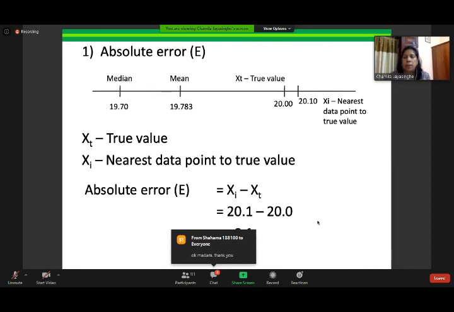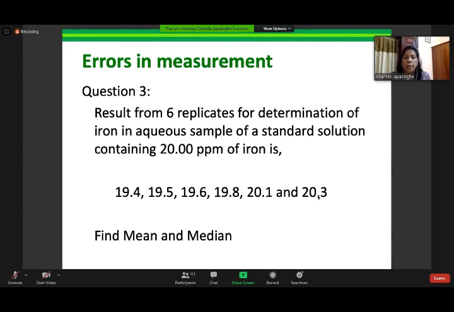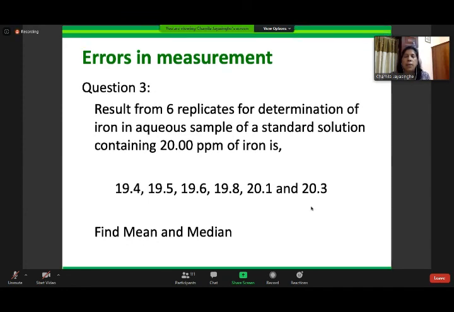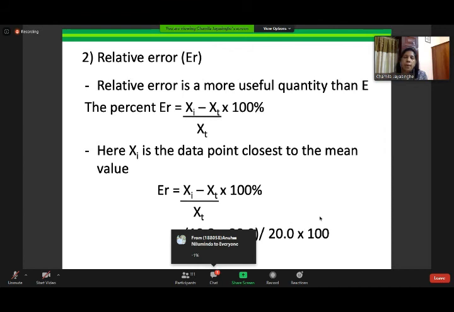Next question: I asked you to remove the 20.1 value, get the new mean value, and tell me what would be the relative error for that set of data. In that situation, you have to calculate the new mean value, take the closest value to the new mean value, calculate, and give the answer.